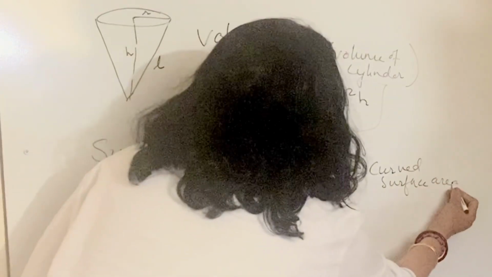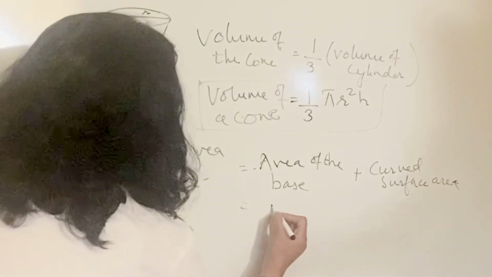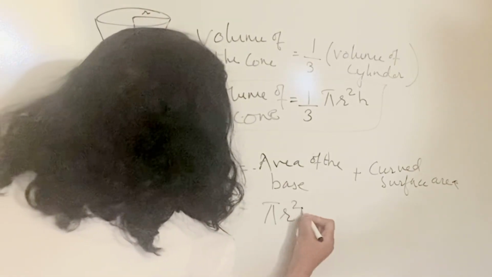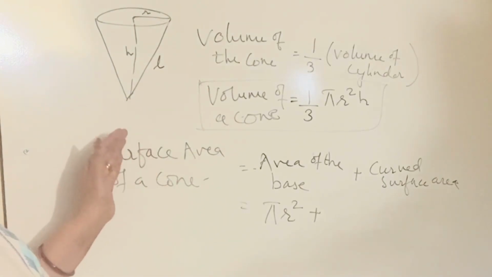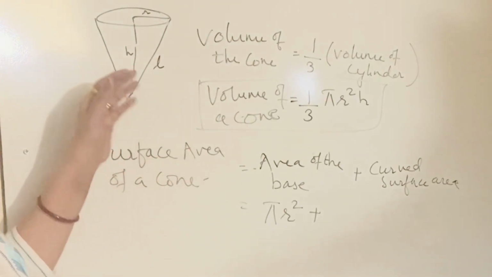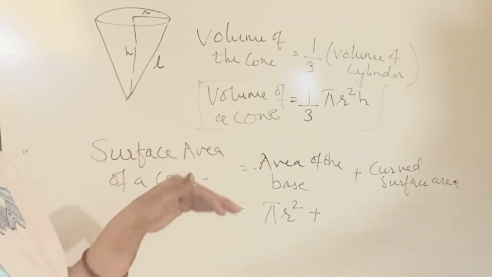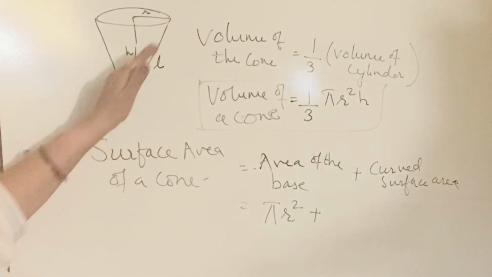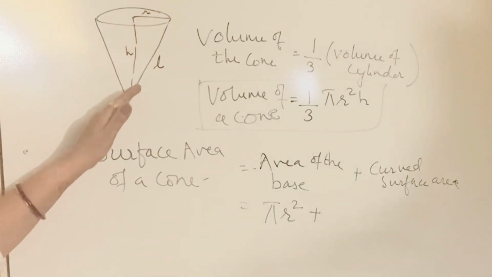Okay, curved surface area. So area of the base is pi r square plus, now curved surface area is half of the perimeter of the circle times this length, slant height or slant length.